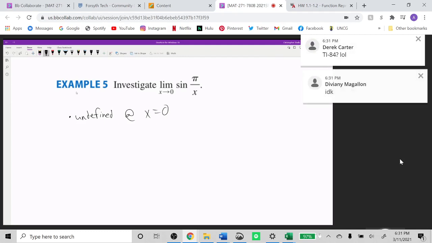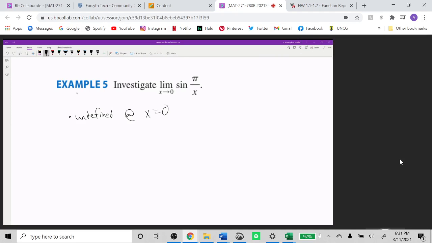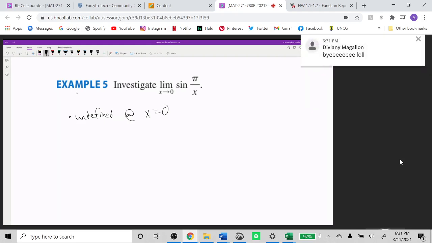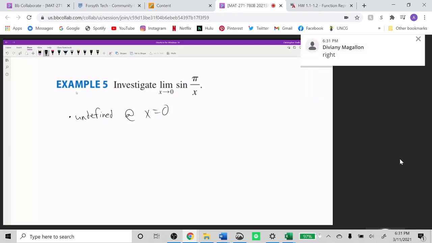The TI-84 is probably not going to do too great of a job at graphing this, to be honest. It's going to get a little bit messy on the graph. But perhaps what we might do is try plugging in some really small values before we go to a graph, right? Let's try plugging in some really small values of x, or some stuff that's pretty close to 0.